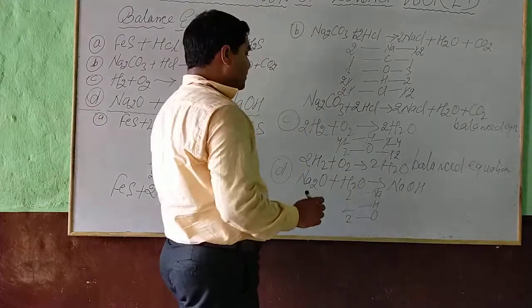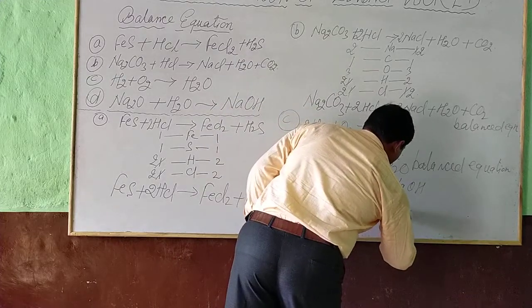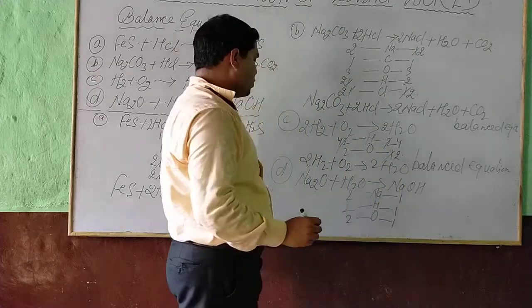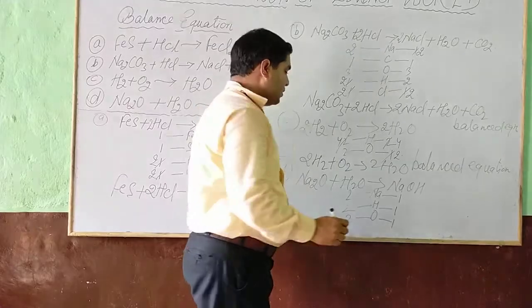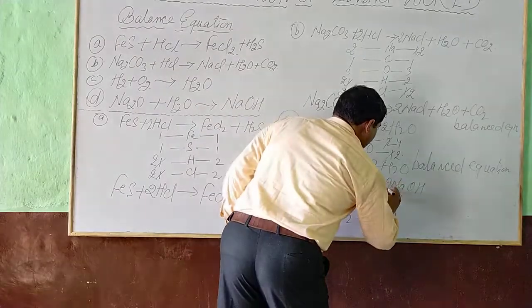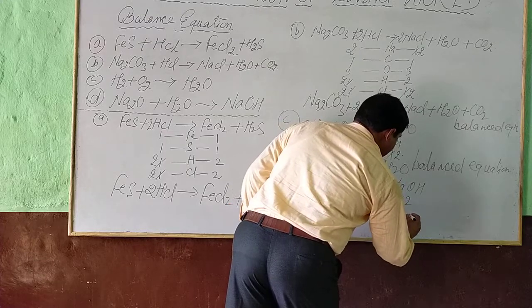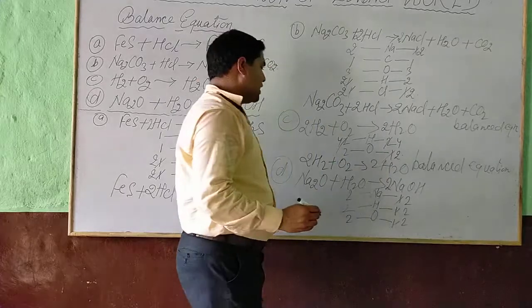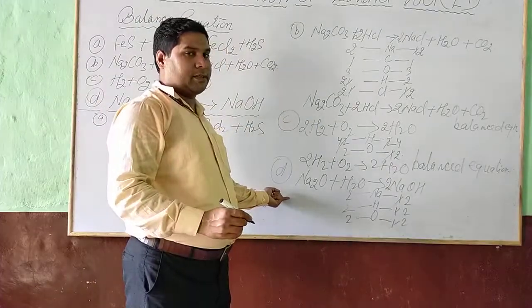But you see here in the product side, sodium 1, hydrogen 1 and oxygen 1. So now we have to balance all three elements. For that, we'll put here 2, and now you see all the elements in the product side became 2, 2, and this way the equation number D is being balanced.